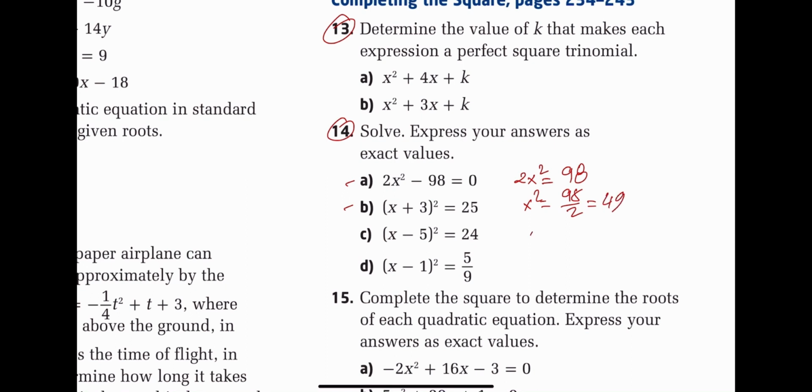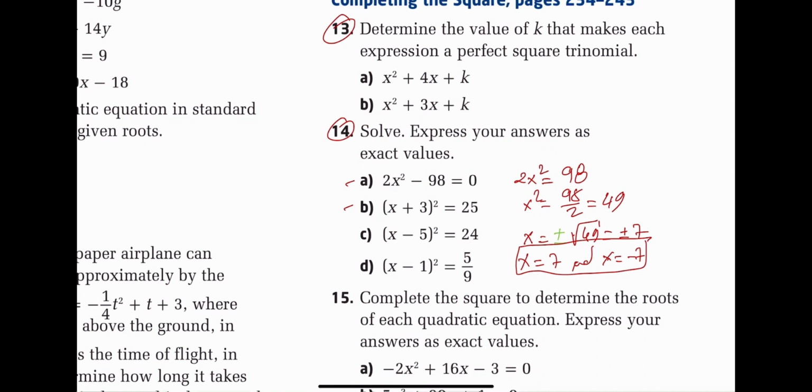That means my x is equal to both plus and minus square root of 49, which is plus and minus 7. So we will have two values, x is equal to 7 and x is equal to minus 7.